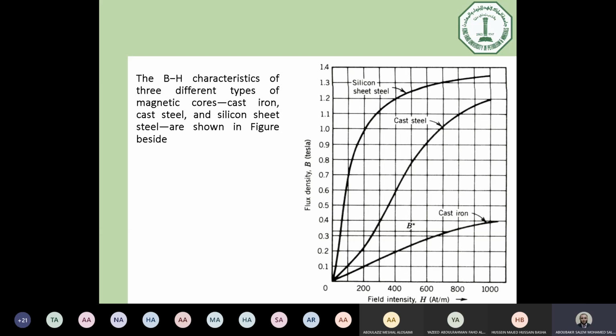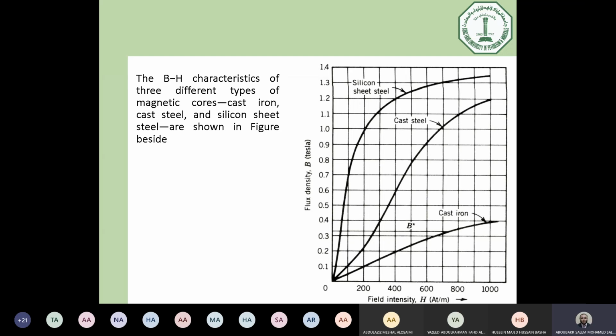It's not one complete core, it's silicon sheets. So it's silicon sheets, which means we can make the material as slices and collect these slices together to make one core. So sheet steel is very good.